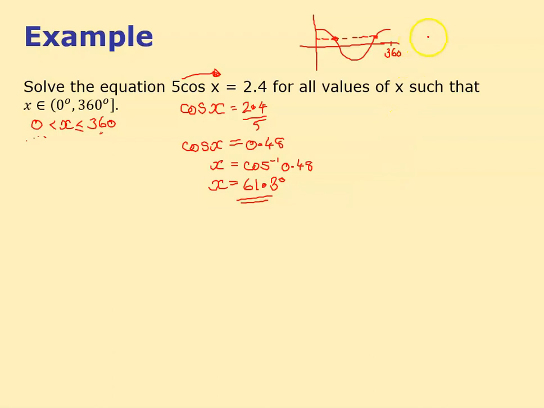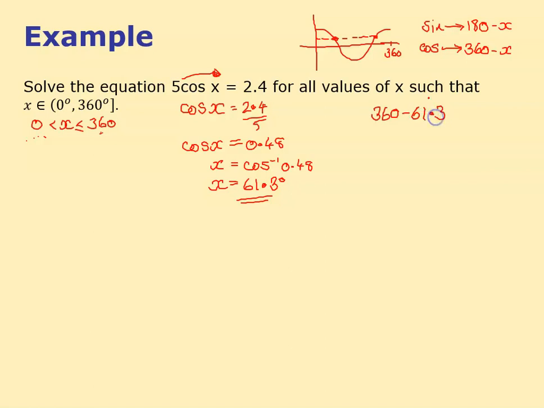And so last time, you remember, we've seen 2 rules now. Sine, I said you do 180 minus the angle. But for cos, I said, you do 360 minus the angle. So I'm going to do exactly that. I'm going to do 360 minus this 61.3.